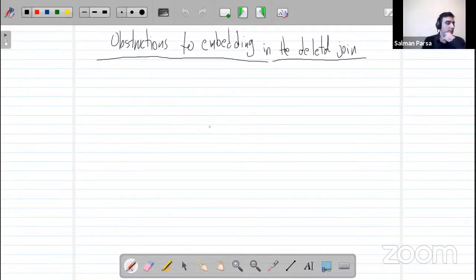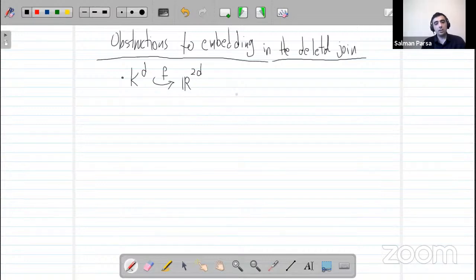Okay, now let's find some other embeddings, and this time in the dilated join. Let's assume we have the embedding into double dimension. These things are standard, I'm going to say now.